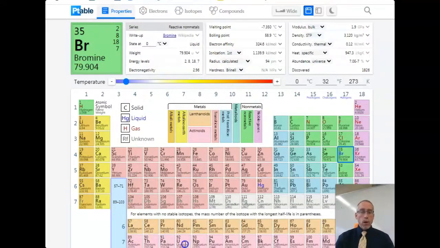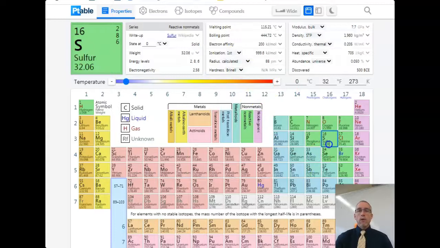Let's look at another shortcut. And this has to do with the vertical column that it's in. We call that the group or family number. So back to our first example, which was sulfur. Notice that sulfur has 6 outer electrons. That's the outermost energy level, the 3rd one, and how many electrons are there.